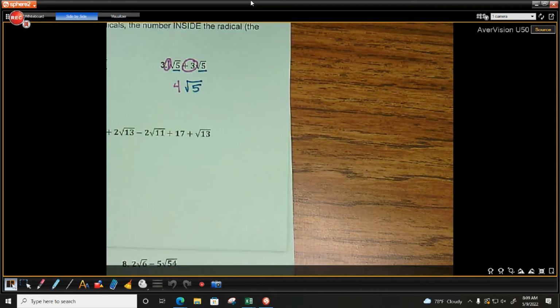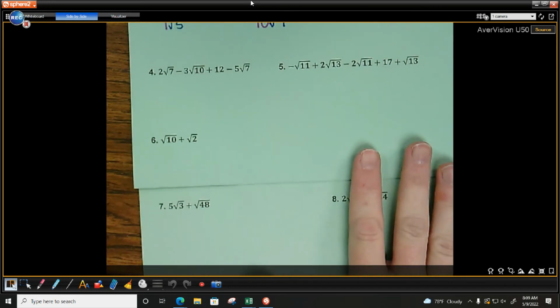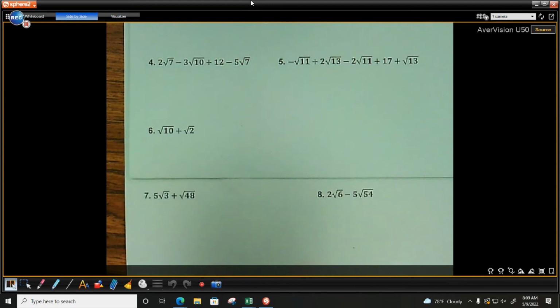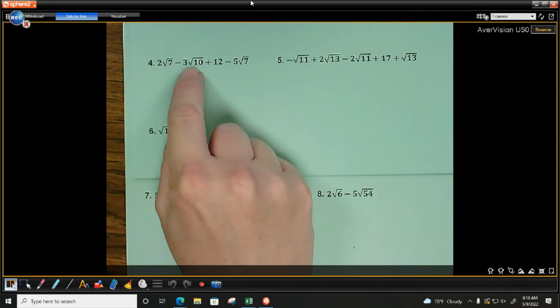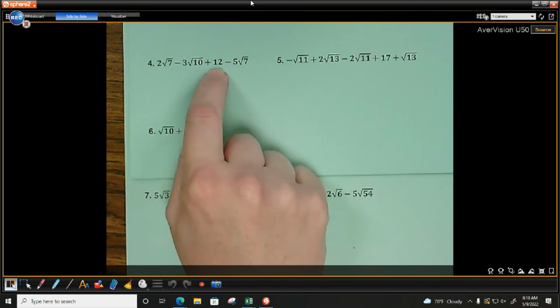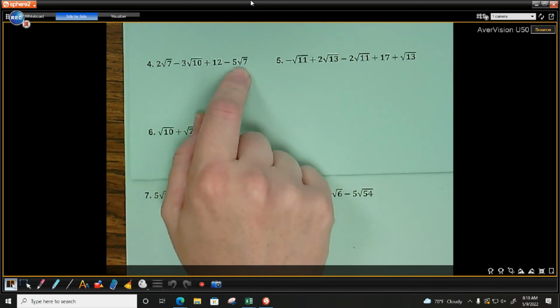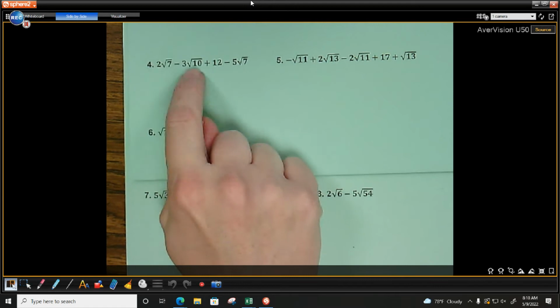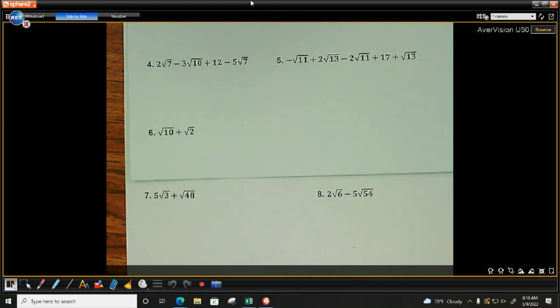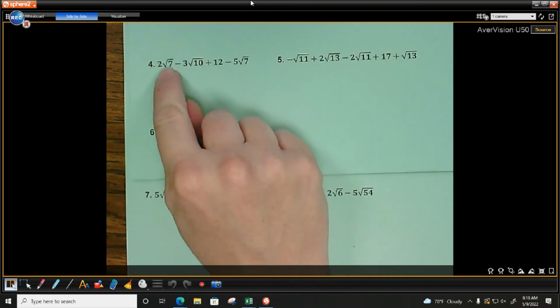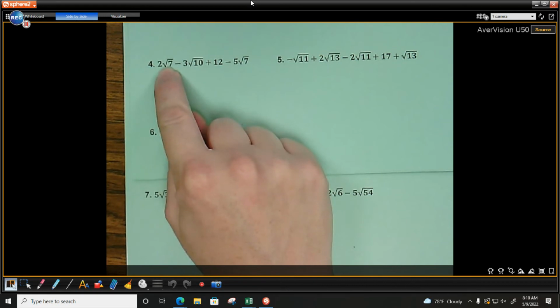Looking at number 4, how many terms do I have on number 4? 4. I have a 2 root 7, a negative 3 root 10, a 12, and a negative 5 root 7. Okay, so I have 4 terms. 1, 2, 3, 4 terms. 7's what kind of number? Prime. Can't simplify. 10.